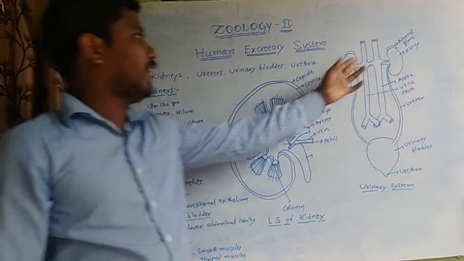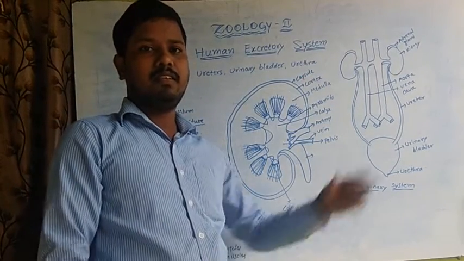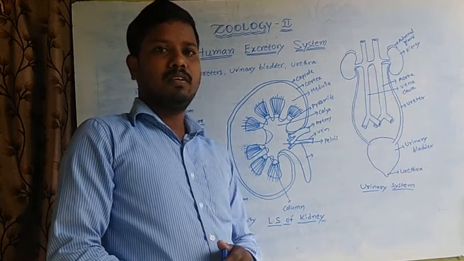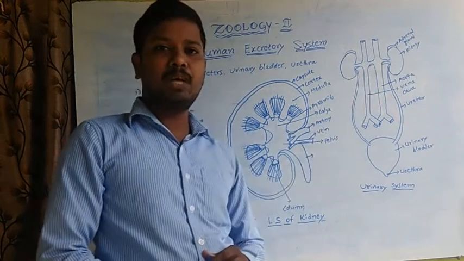A pair of kidneys are reddish brown in color. These are bean shaped structures.